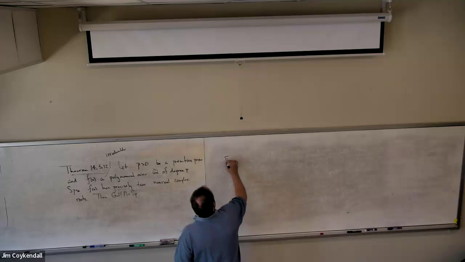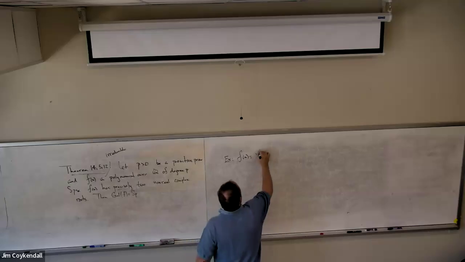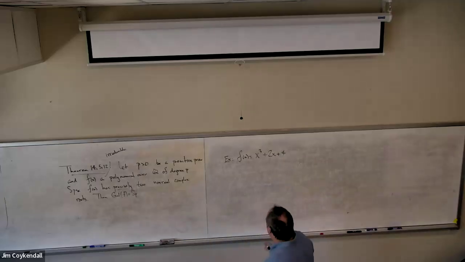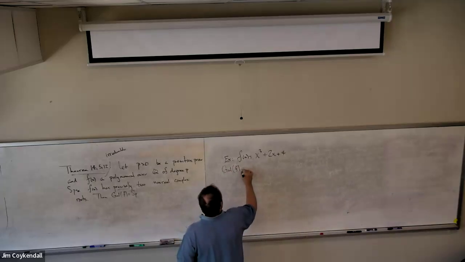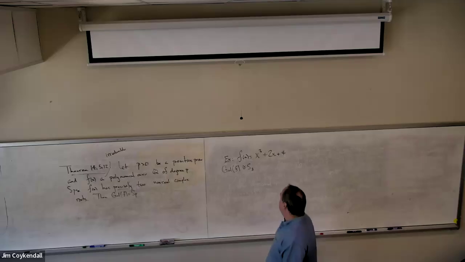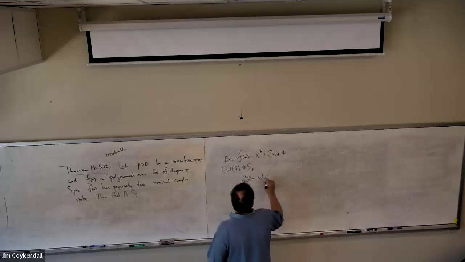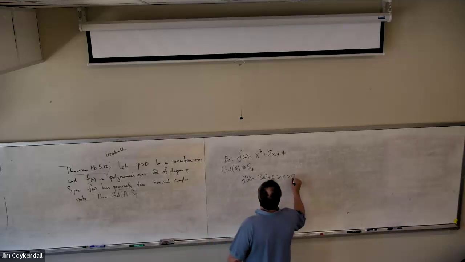So for example, suppose f of x is x cubed plus 2x plus 4. Well, I know the Galois group of f is S3, because 3 is prime, and f prime of x is 3x squared plus 2, which is greater than or equal to 2, which is greater than 0.